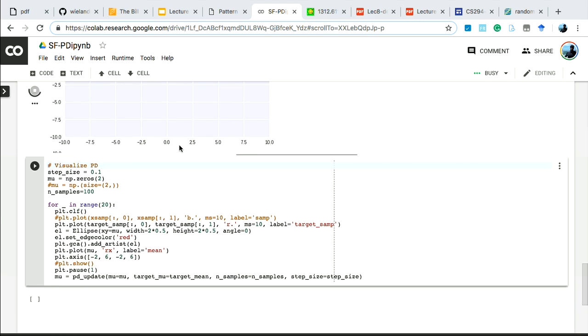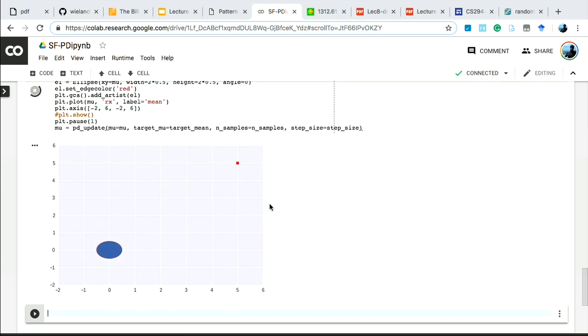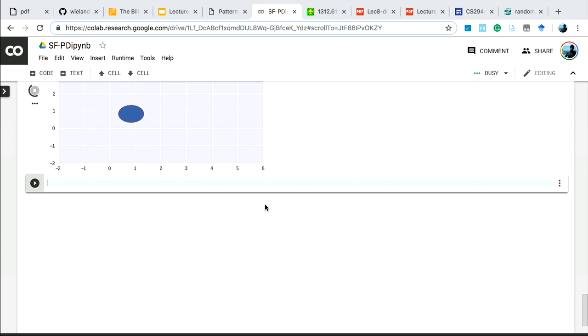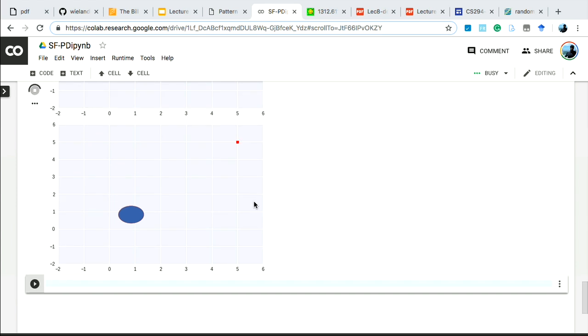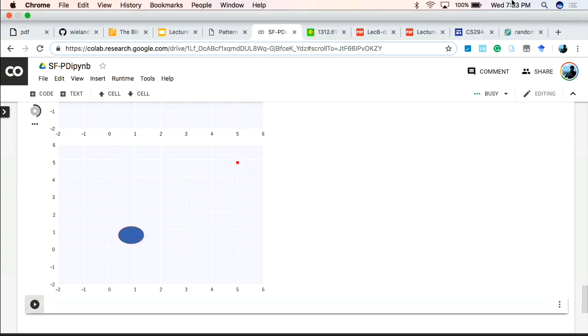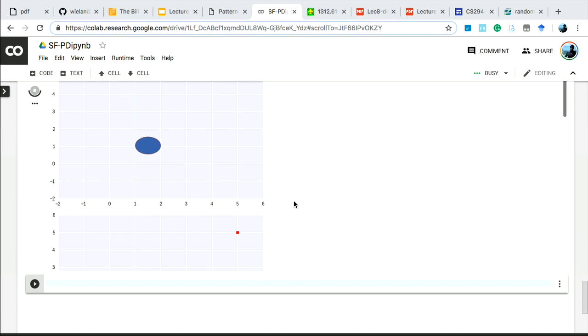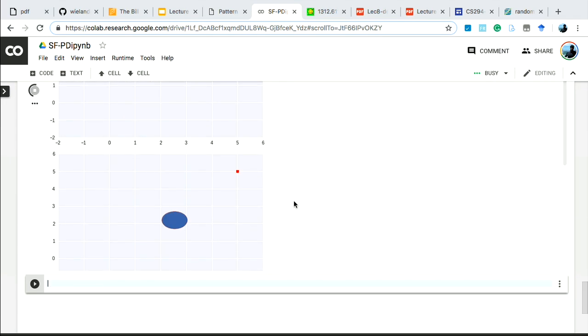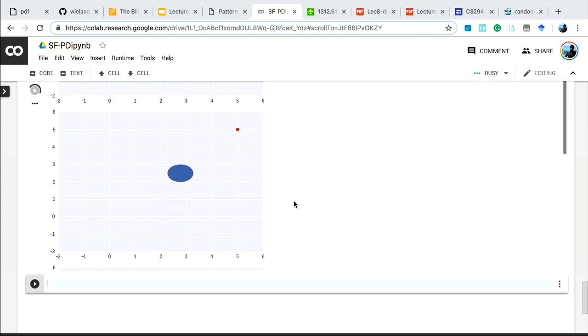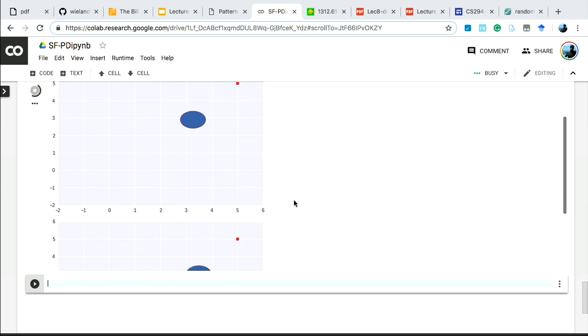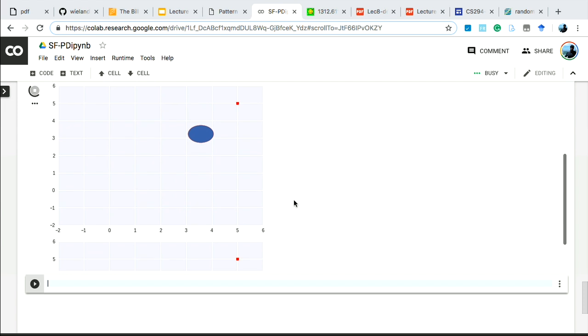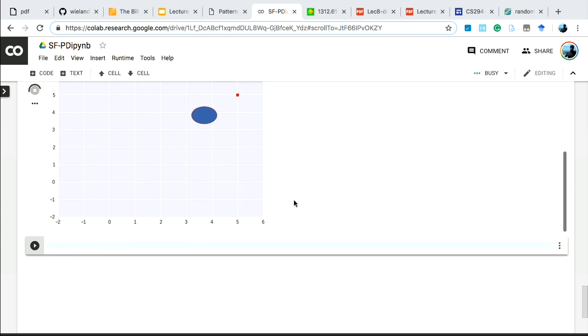All right, so let's see what it is for the pathwise derivative. And let's directly start with one sample. You can see that even with just one single noise sample, the pathwise derivative is pretty stable and keeps getting closer to the target location.